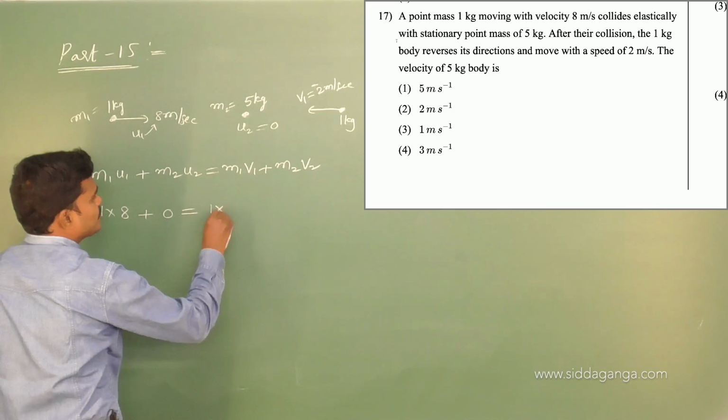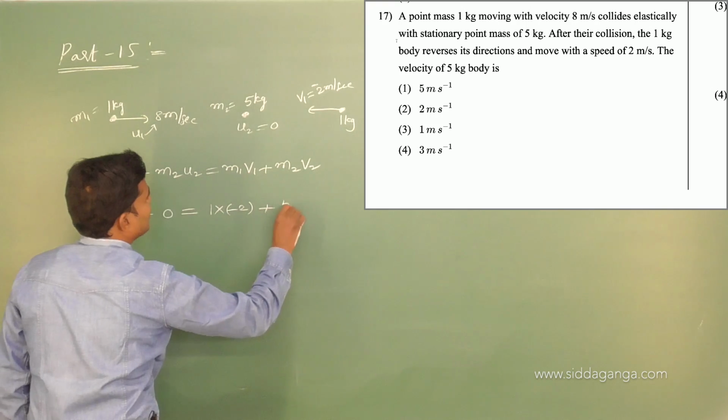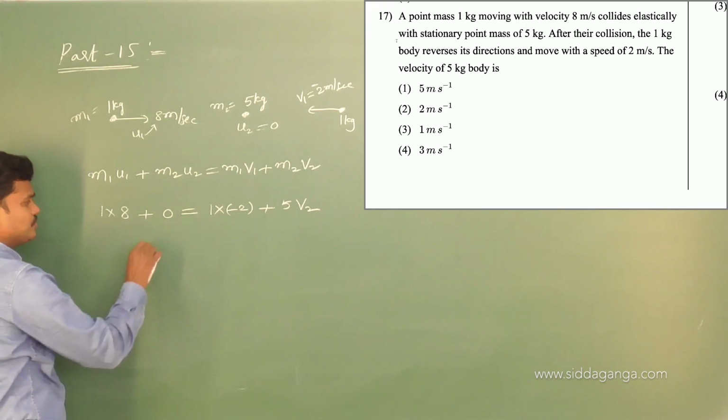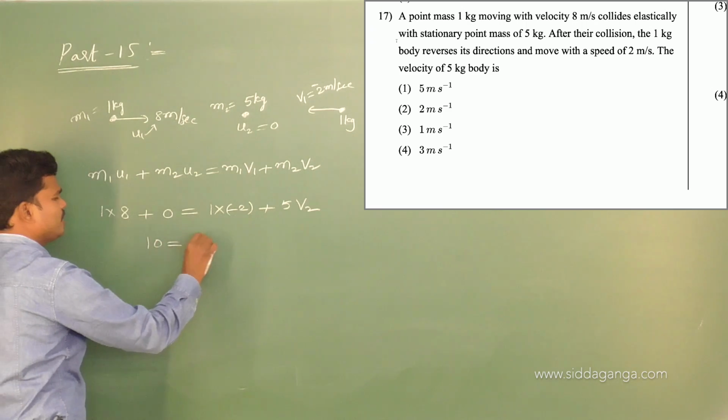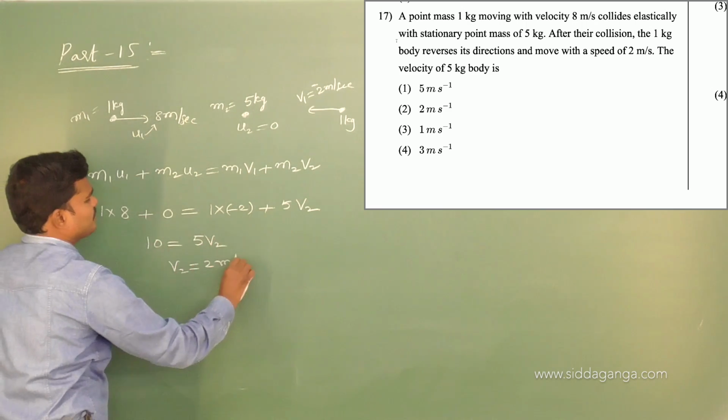So 1 into minus 2 plus m2, 5 kg, and v2. Taking minus 2 to the left, 8 plus 2 is 10, equals 5 v2. So v2 is equal to 2 meter per second.